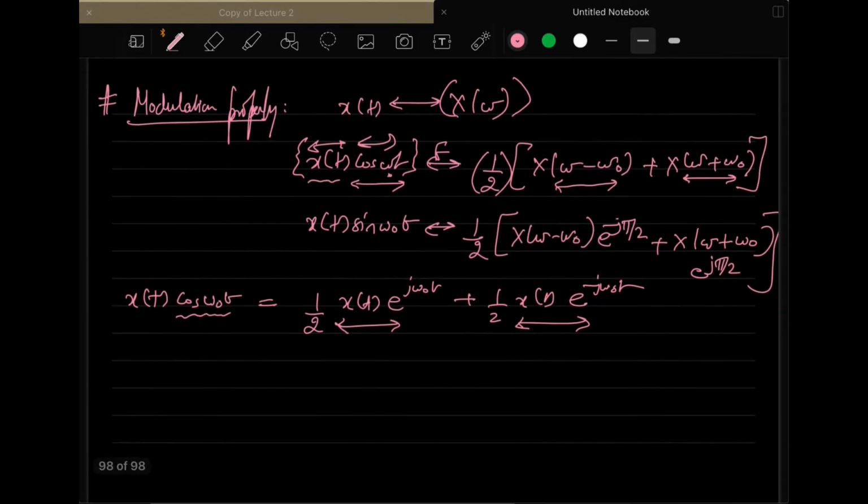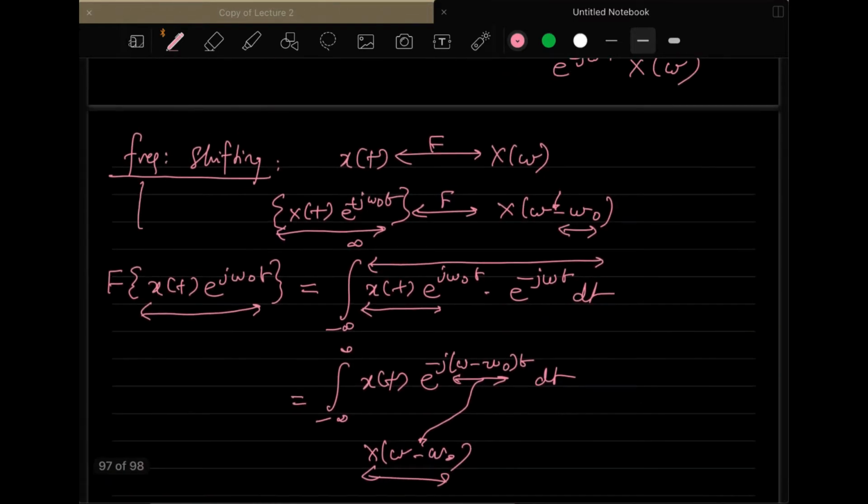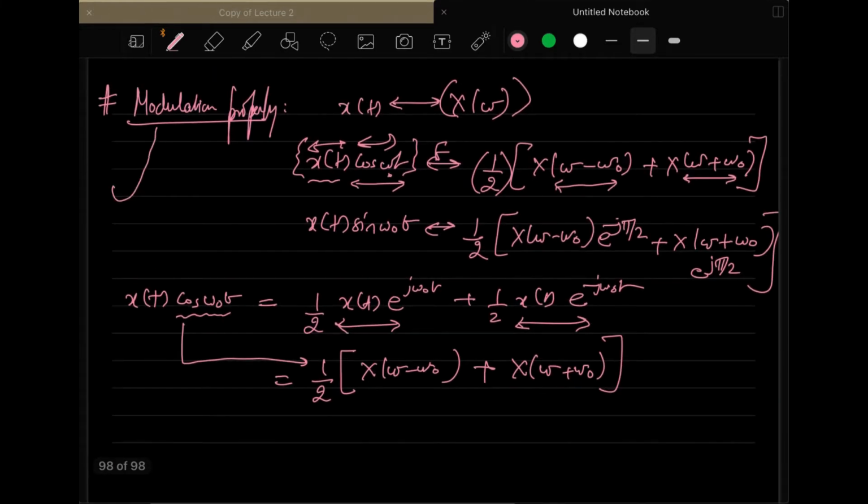Similarly, if it is minus omega naught, then it will be plus here. This is very easy to prove when you already know the frequency shifting property. So using the frequency shifting property, we proved the modulation property, and we used that property to understand how this changed to this.